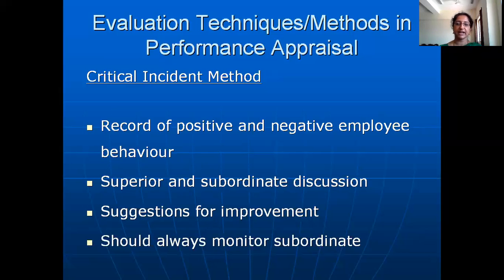But the critical incident technique will avoid this problem and rate the employee on how they have been performing in the past 6 months, and not consider only the recent performance. One more advantage is that supervisors should always monitor the subordinates. This makes sure that the supervisor always keeps track of what the subordinates are performing.